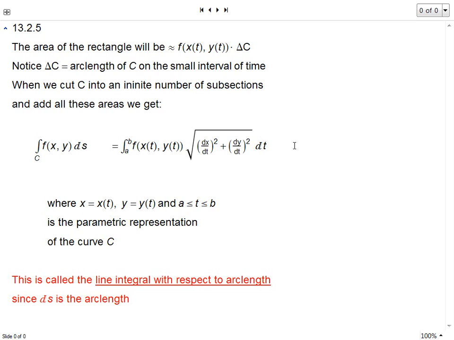So what's happening here is, remember I said we're going to find x in terms of t, y in terms of t, so we're going to find parametric equations. We're going to have to replace our x's and y's with those new parametric equations. And then this ds is going to turn into the square root of dx dt squared plus dy dt squared dt. That right there is the formula for arc length from Cal 2.